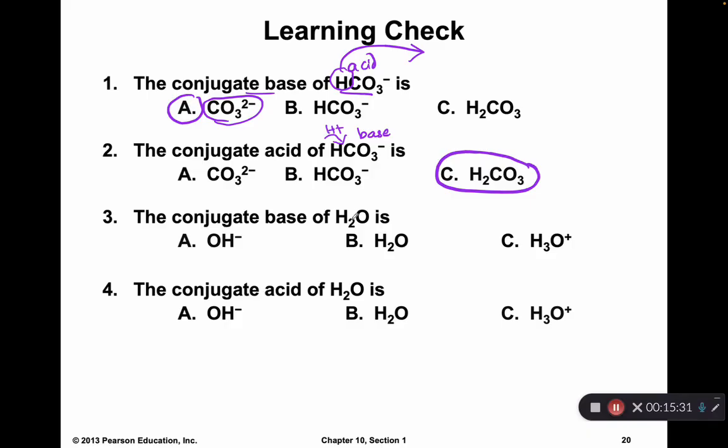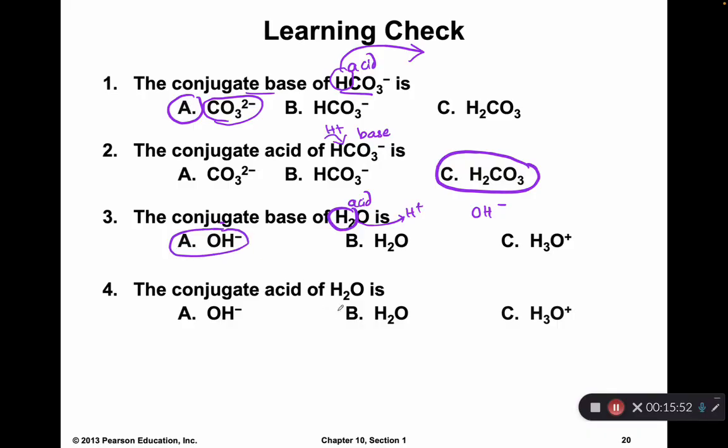Conjugate base of water. So it means right now this is an acid. To make a conjugate base, acid means take away the H plus. If you take away the H plus from here, the leftover is OH minus. So OH minus is the conjugate base.